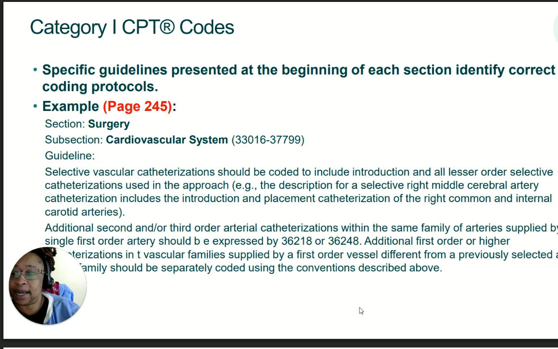Additional second and/or third order catheterization within the same family of the arteries supplied by a single first order artery should be expressed by code 36218 or 36248. Additional first order or higher catheterization in the vascular family supplied by a first order vessel different from a previously selected family should be separately coded using the convention description above.